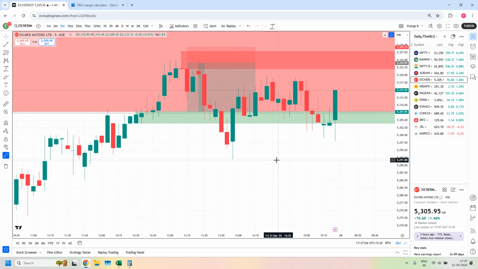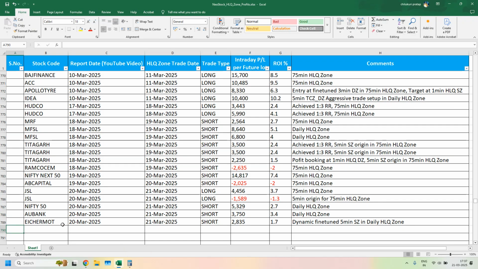See, today even I made a mistake. What is the mistake? I missed this trade. During the live market, I didn't identify this zone. Maybe I ignored it, there could be several reasons, but I missed it, whatever the reason. Luckily, we identified it. Suppose in this HLQ analysis discussion, if I did not identify it from our Excel sheet, one important statistical value would be missing.